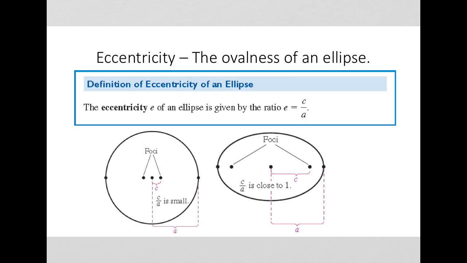And the closer they get, the closer that fraction gets to 1. A value of 1 it's never going to get to, but that would be the narrowest ellipse you can imagine, versus a circle would have a very, very small number, very close to 0. But all it is is c divided by a, and it just describes the shape of the ellipse.